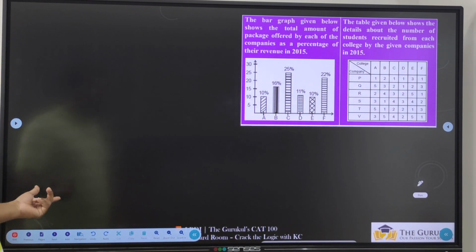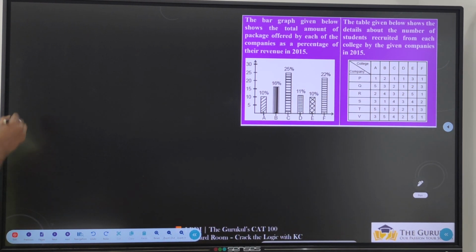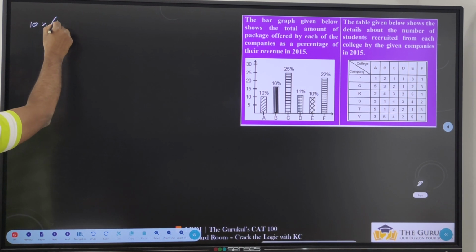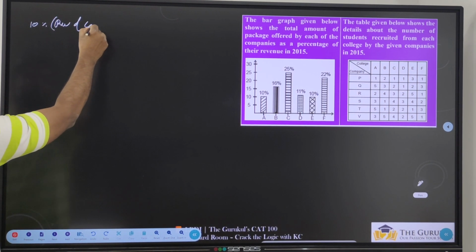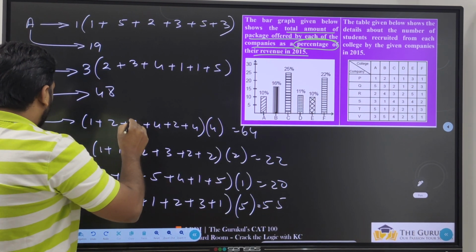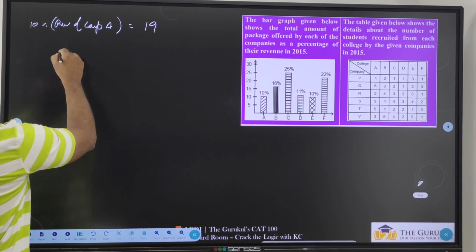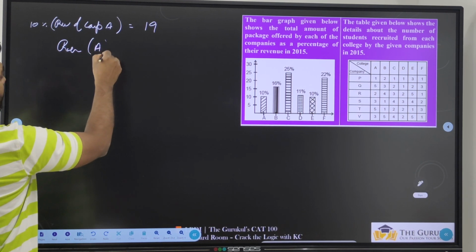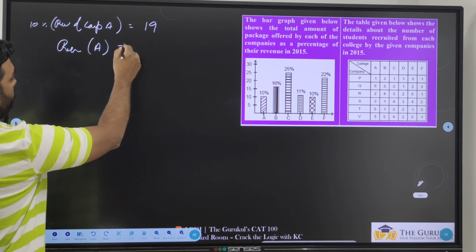Now let us go back and calculate the revenue of company A, B, C, D and E. So 10% of revenue of company A is equal to 19 lakh. So revenue of company A is equal to how much?